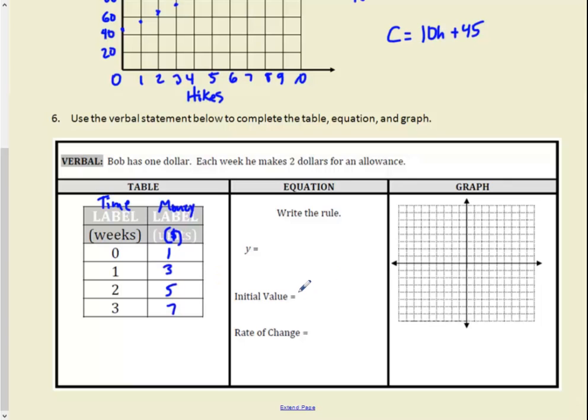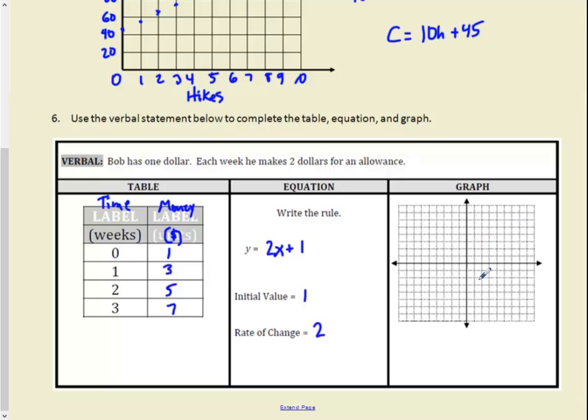So the equation: we can look at the initial value, which is 1. That's what he starts with. The rate of change is 2 because he's earning and saving $2 per week. So our equation is y equals 2x plus 1: the rate of change times our input plus the initial value. And here we really only need the first quadrant.